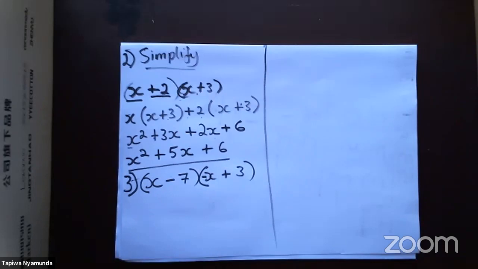Sir, hello, John. Why does the x move to the front of the brackets between the x plus 3, and the plus 2x at the back? Which part? Why does the x go in front and the 2 at the back? Oh, that one. Okay, let me do it again.